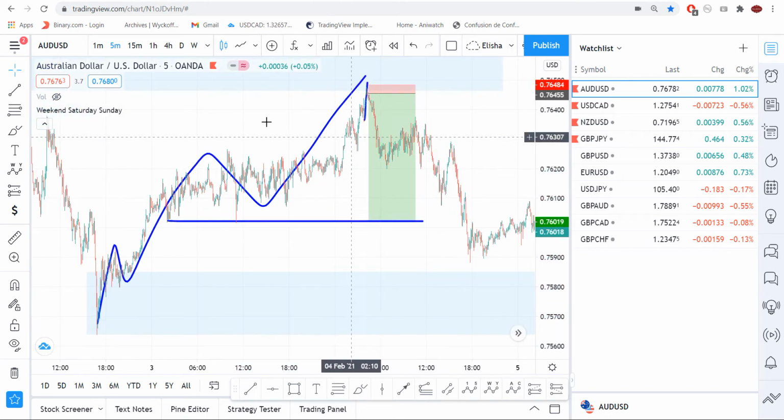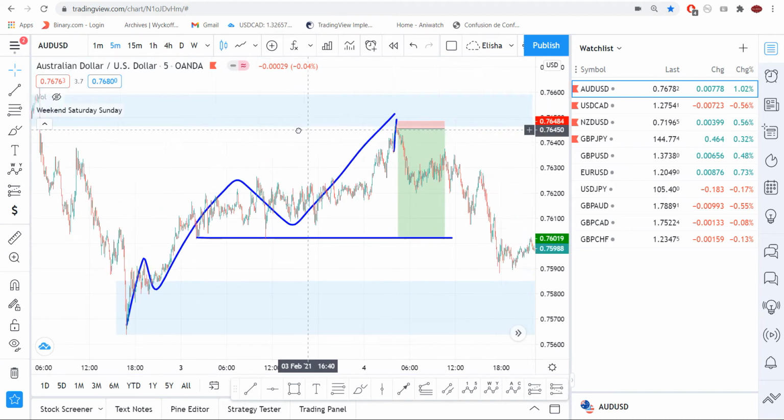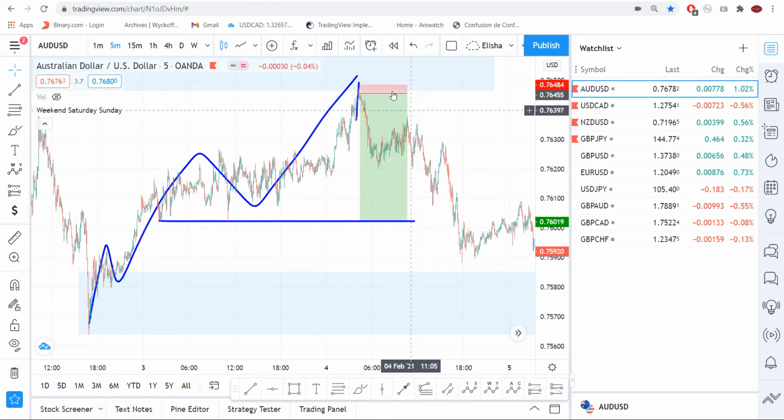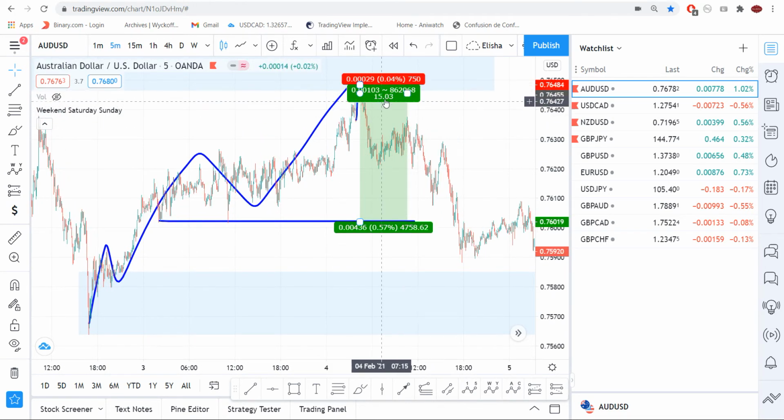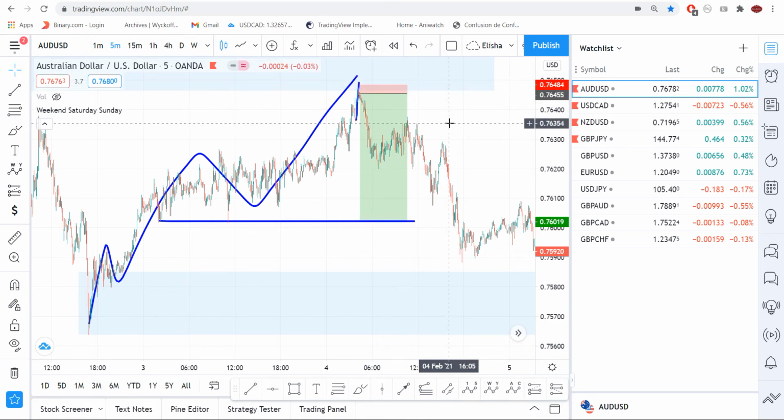So as you can see from our analysis, from the setup, we would get a 1:15 risk to reward ratio trade.